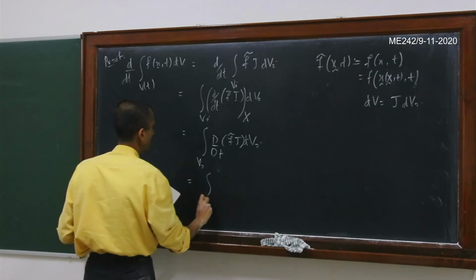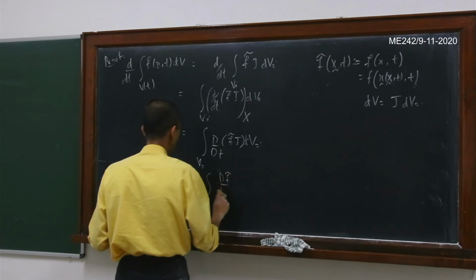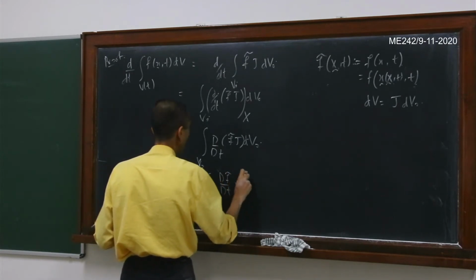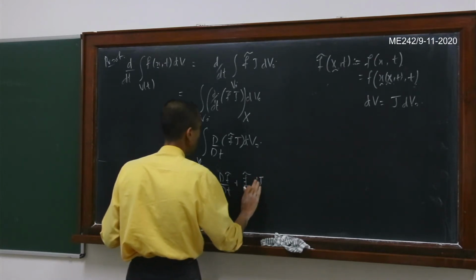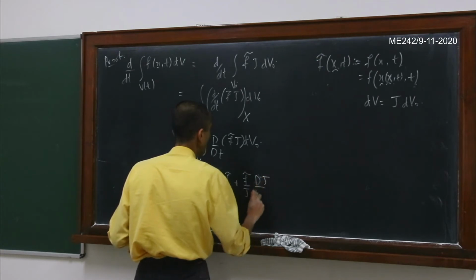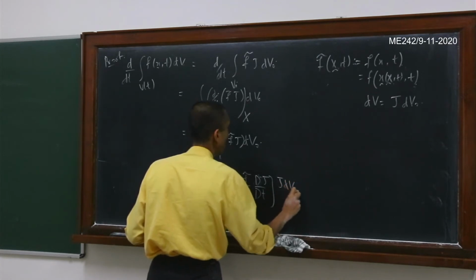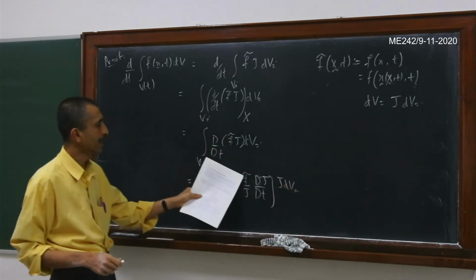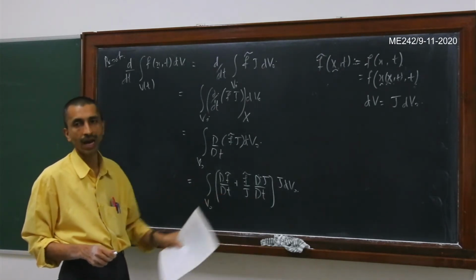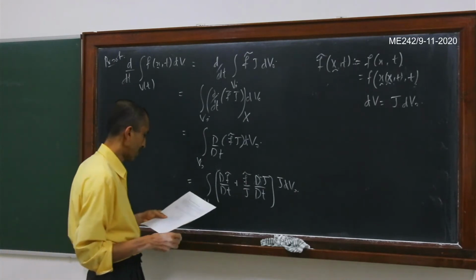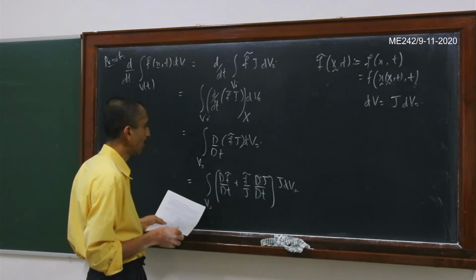So this is the integral over v naught of d f tilde by dt plus f tilde by j times dj by dt, times j times dv naught. All I have done is divide and multiply by j. Now we can change this back to the material volume at v of t.